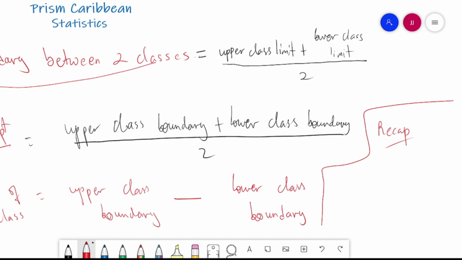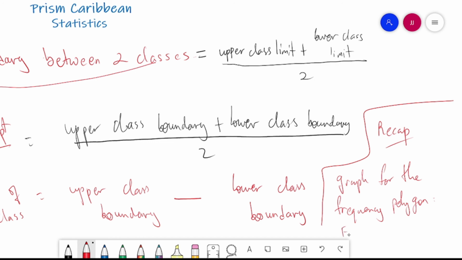And just to recap on something I missed in the last video: the graph for the frequency polygon. I thought this was quite important to add because I did see it in a past paper.